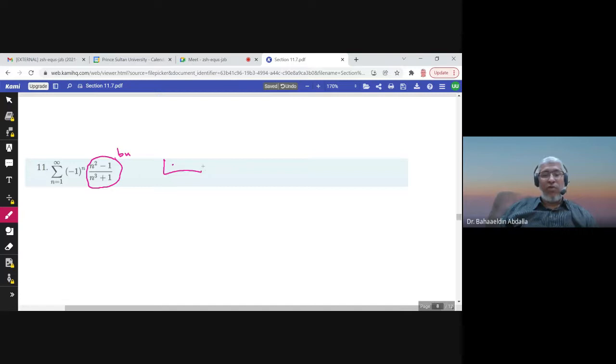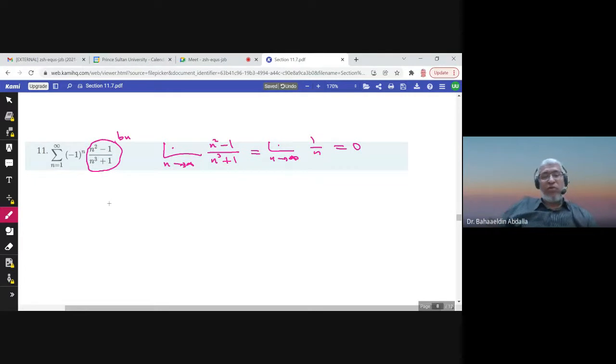I have to check the two conditions of the alternating series test. The limit of bn when n goes to infinity should be 0, and it is 0 because the highest power over the highest power will give you 1 over n. So the limit is 0, so this condition is okay.